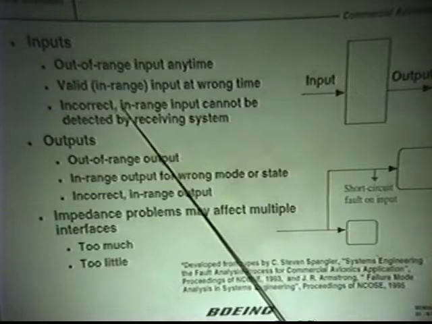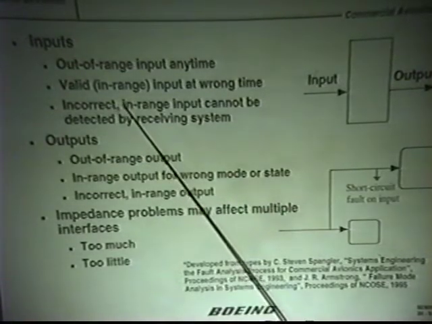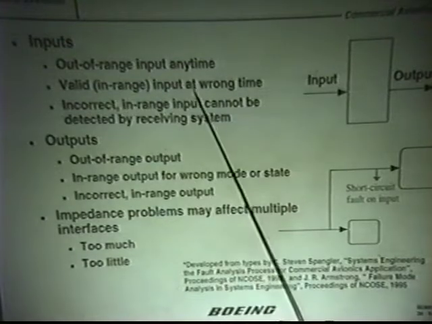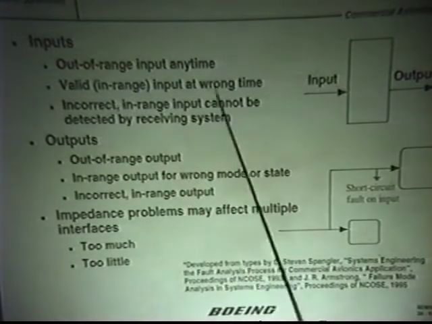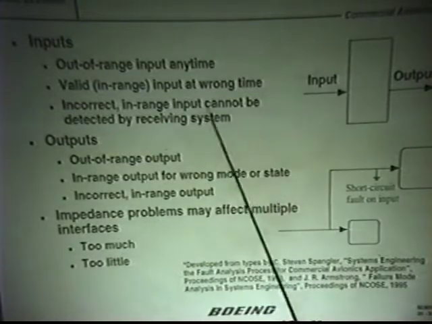There's a third type of input, which is one that's incorrect, meaning it's the wrong value, but it's an in-range input, and the receiving subsystem can't tell that it's an incorrect input.